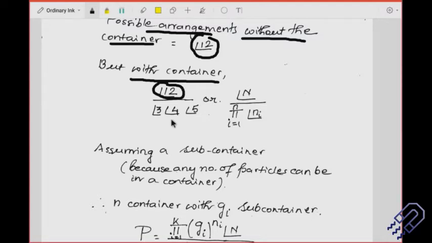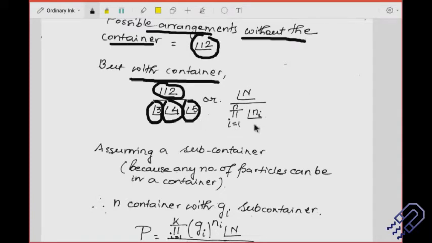So the three in container 1 can be arranged in factorial 3 ways, like ABC, ACB, BAC, and so on. Then the second container you can arrange in factorial 4, and the third container in factorial 5. This is a very general statement.